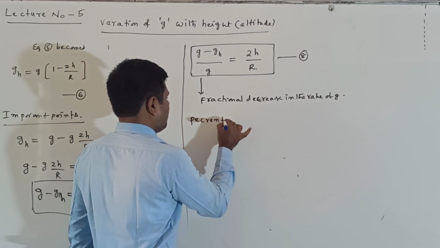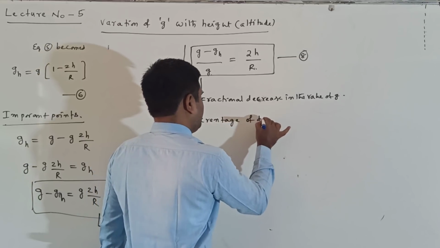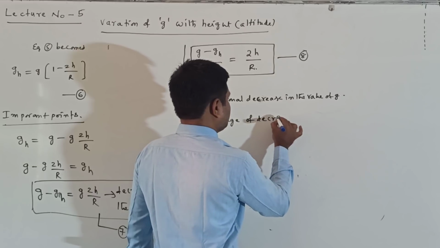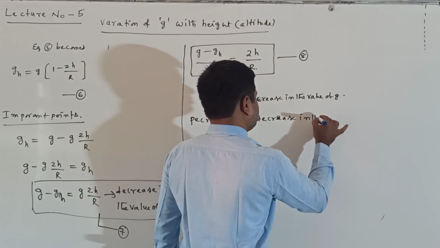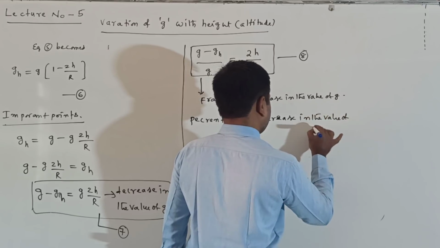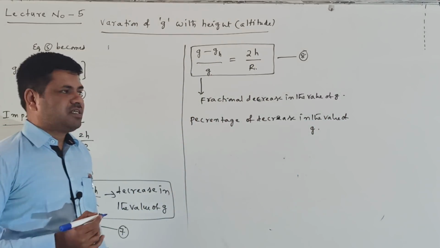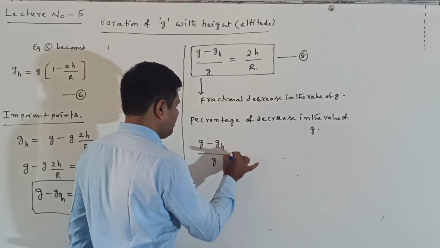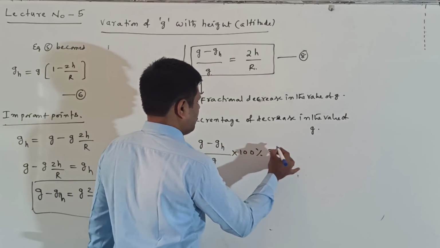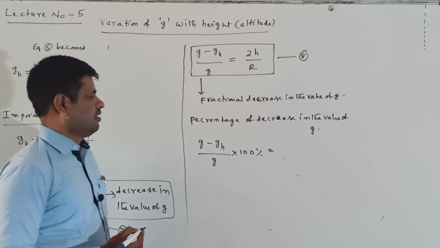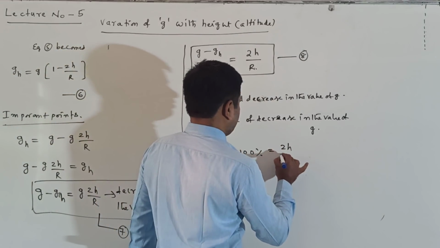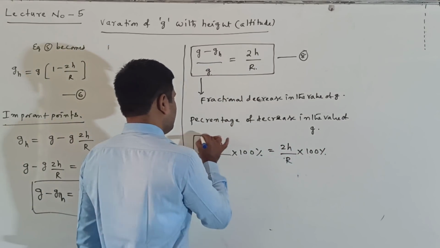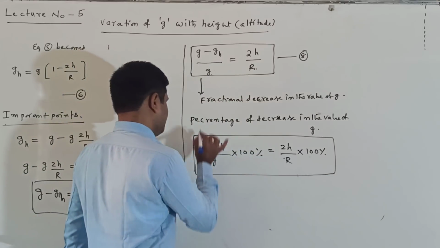The percentage decrease in the value of g can be written as g minus g_h by g into 100%, which is equal to 2h by R into 100%. This is called the percentage decrease in the value of g.